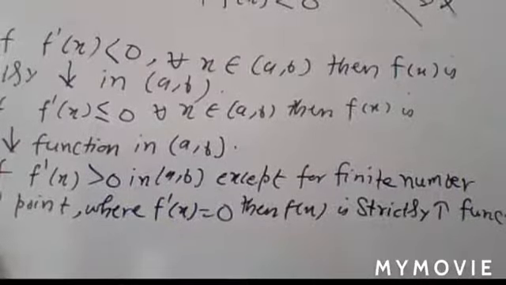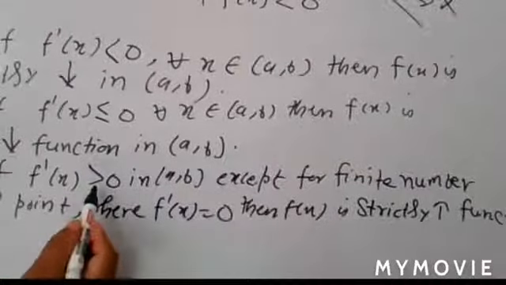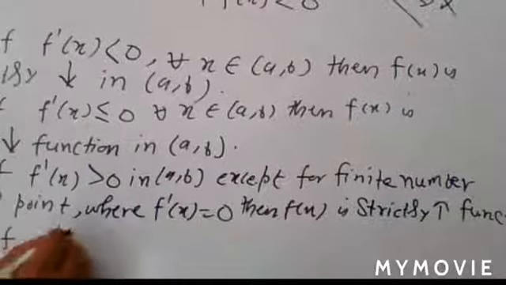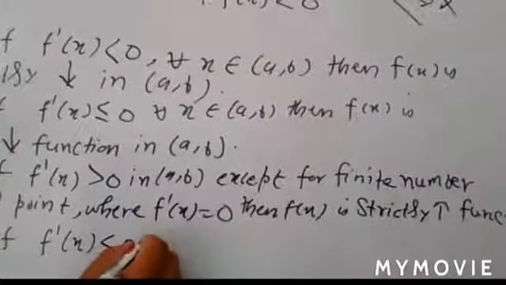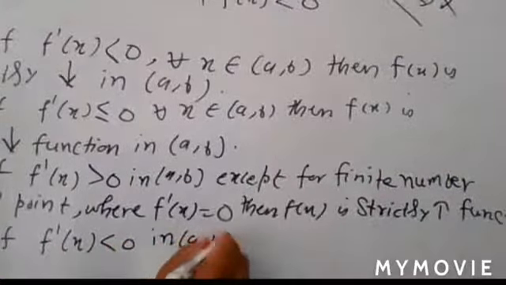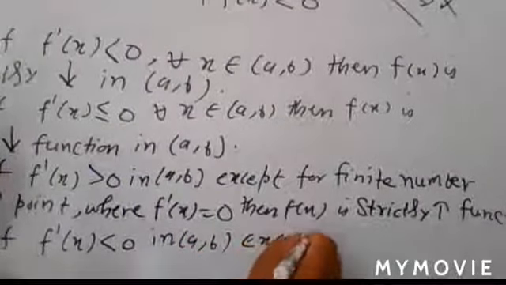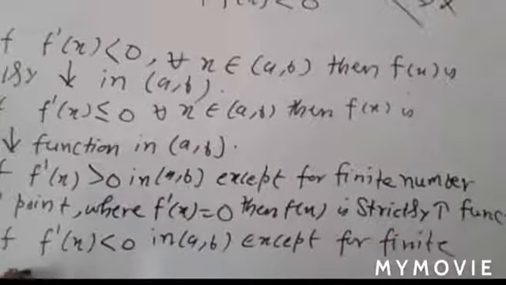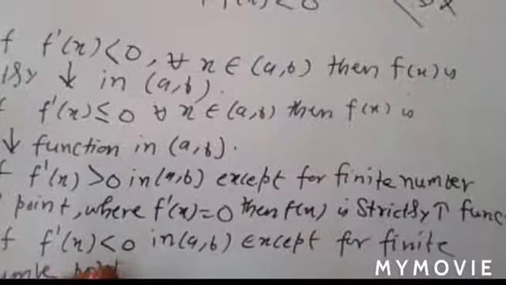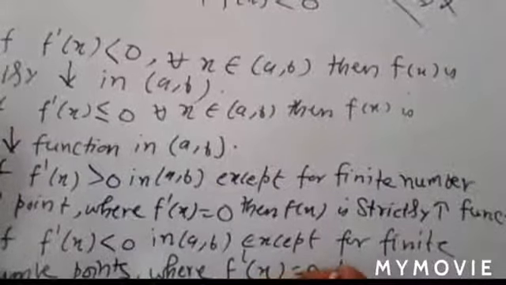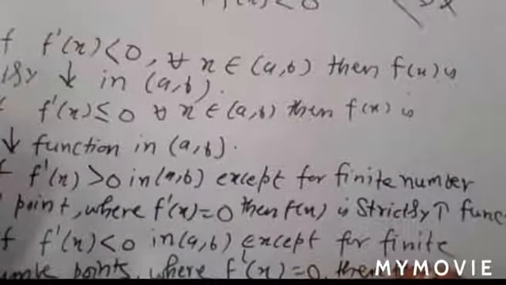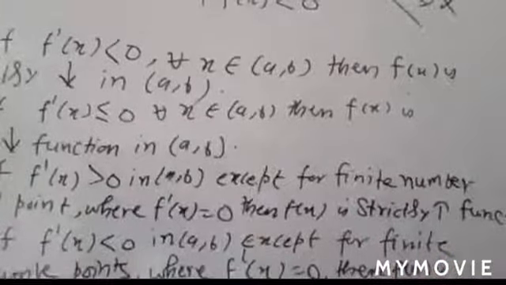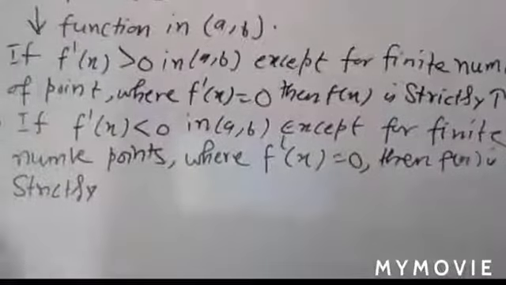In the same way, you write it with less than. If f dash x less than 0 in AB except for a finite number of points where f dash x is equal to 0, then fx is a strictly decreasing function.